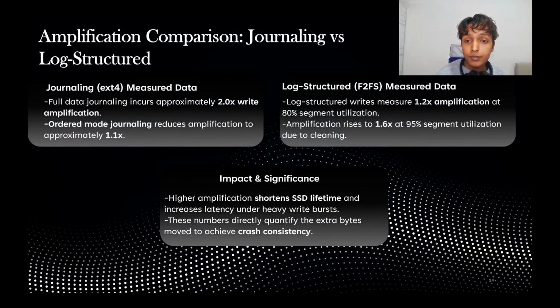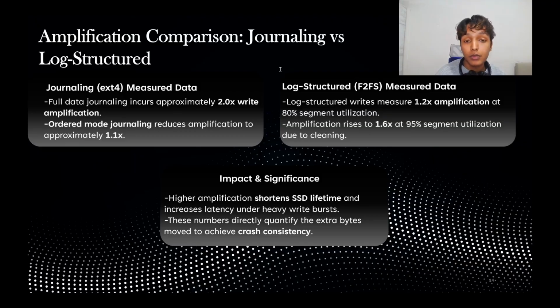Write amplification is also different. Full journaling is around 2x, while ordered mode is around 1.1x. For the log structured file system, it's around 1.2x at 80% full and up to 1.6x at 95% full.